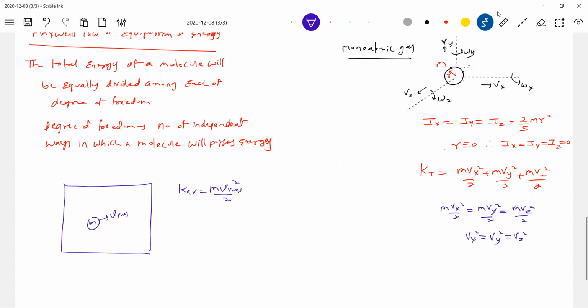Already we know RMS speed is the square root of 3RT by M. So how to correlate all these quantities? From Maxwell's distribution of energy, I am able to bring this. The energy a monoatomic gas molecule possesses is only translational kinetic energy. So what is KT? KT we should call the average translational kinetic energy of the molecule.